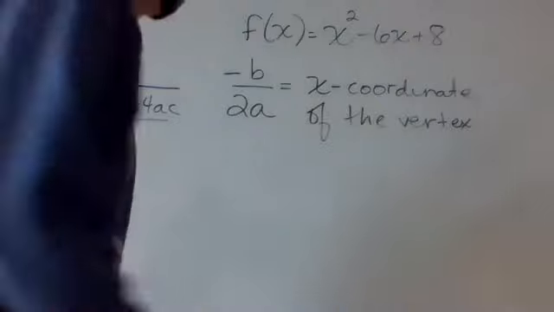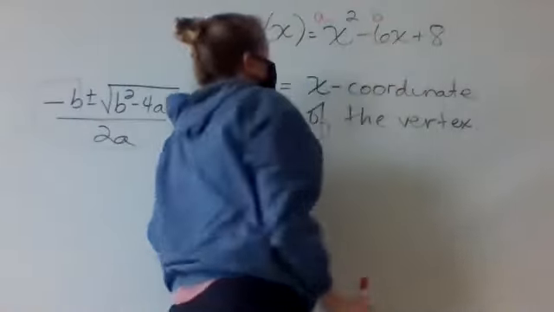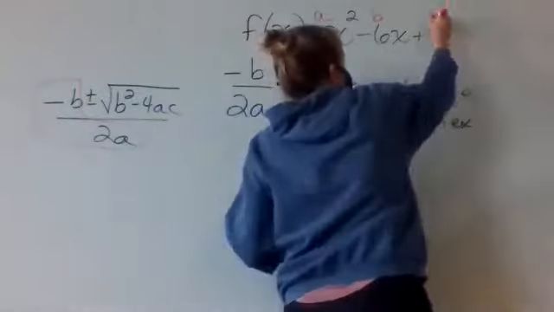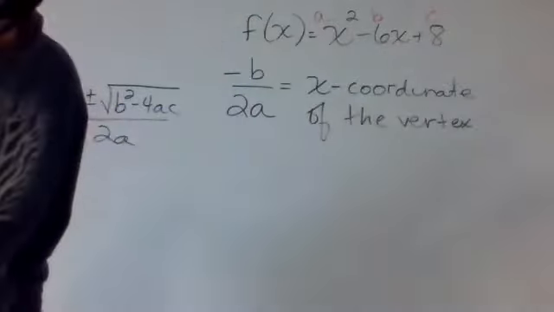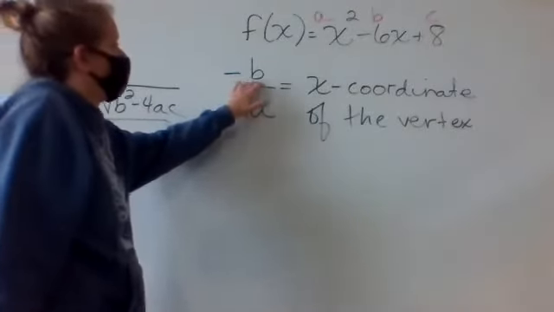Your same numbers are always a, b, and c. A is the number in front of x squared, b is the number in front of x, and c is your constant. So the first thing I would need is the opposite of b.